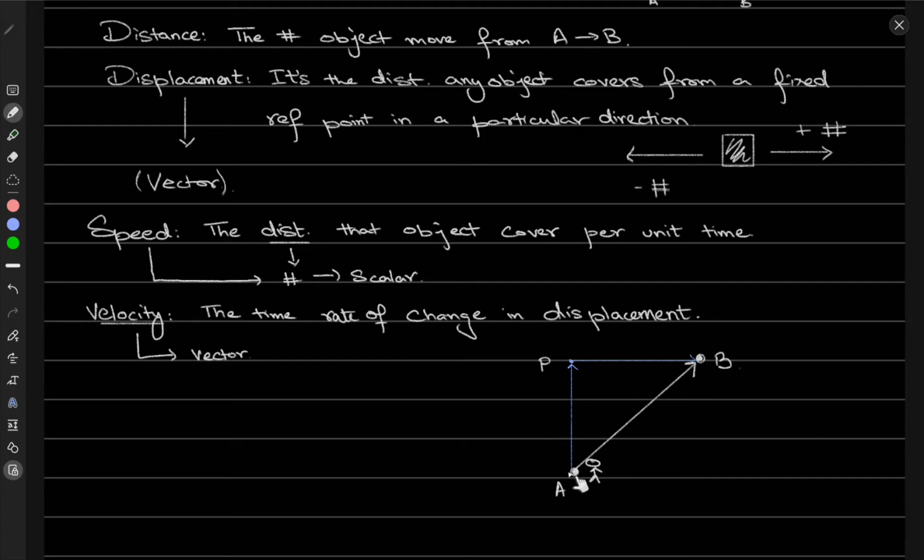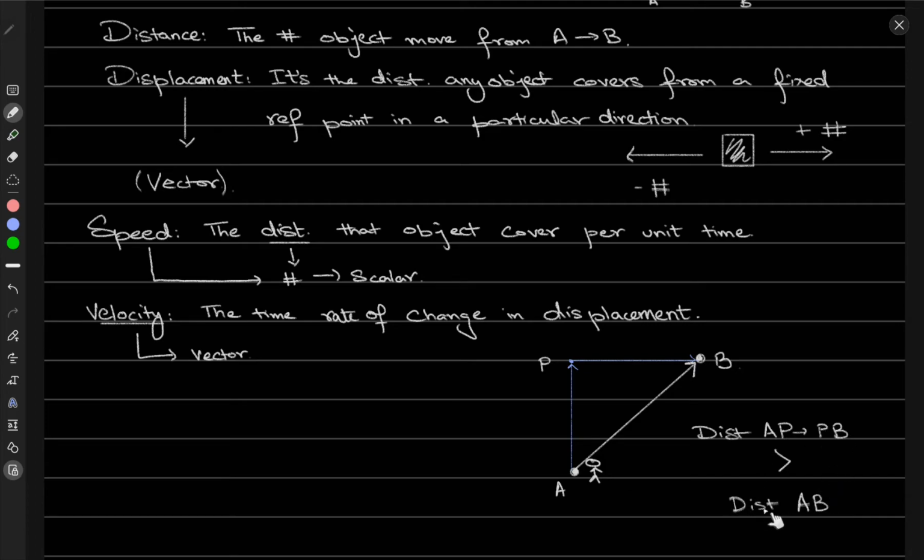In this case, if I had taken the path from point A to point P and then point P to point B, I would have still reached my point B, but the distance that I'm taking is more compared to if I had taken this path from A to B. So the distance AP plus PB is greater than the distance from A to B directly.